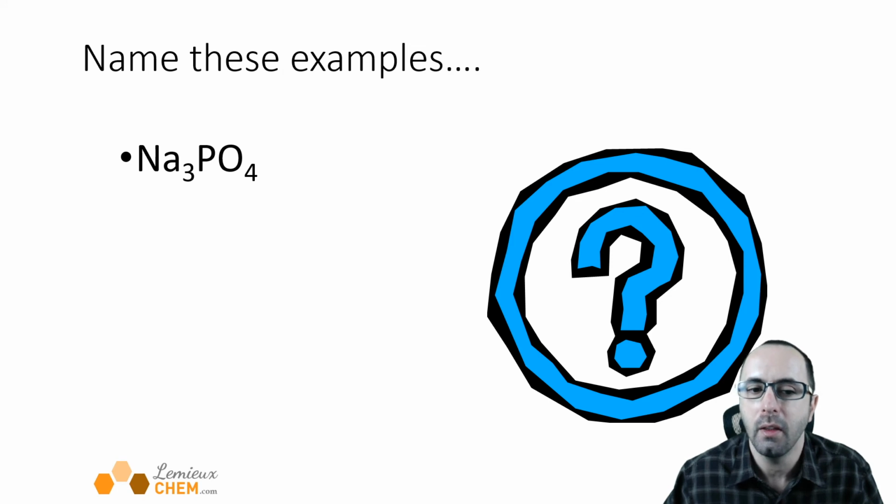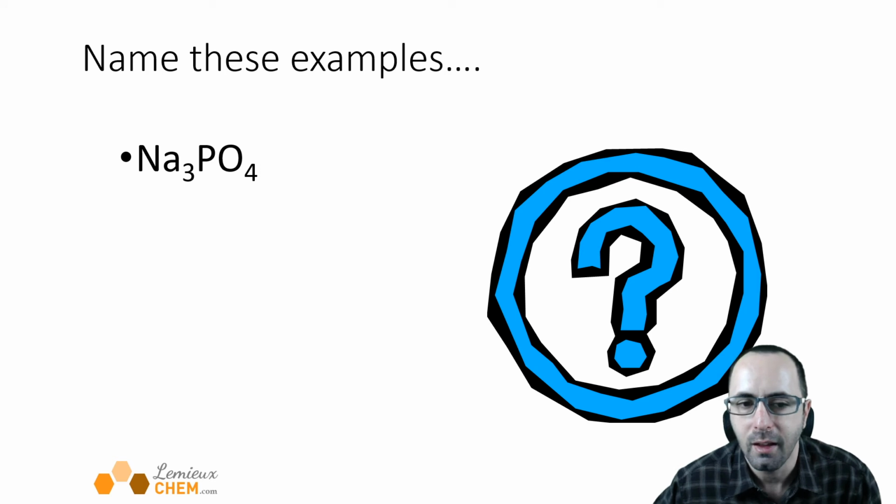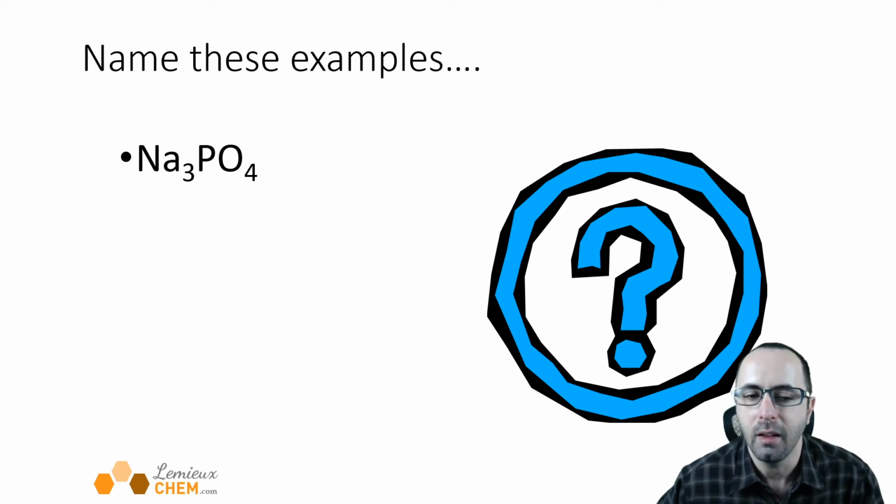And then we see a PO4. And so we would look at our list of polyatomic ions. If you've got that with you right now, go ahead and take a look at it. Or if you put PO4 into Google, I'm sure it will tell you phosphate, because it will know that you're trying to talk about the PO4 3- ion.